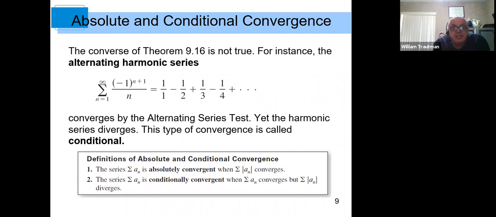So if we look at this particular problem, this is an alternating series. You see it goes positive, negative, positive, negative. So it is alternating.